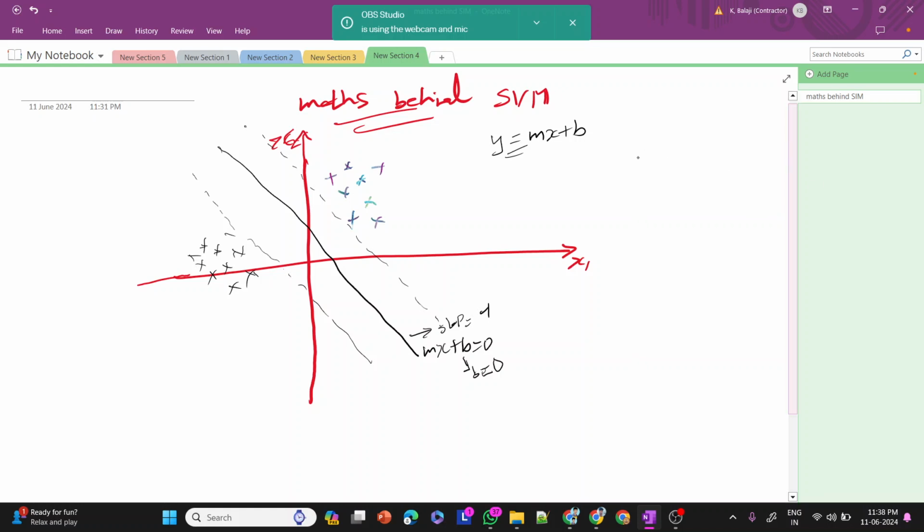In an SVM algorithm, we have a formula to calculate the plane: y equal to w transpose x plus b. Here we consider b is 0, so we get w transpose x.